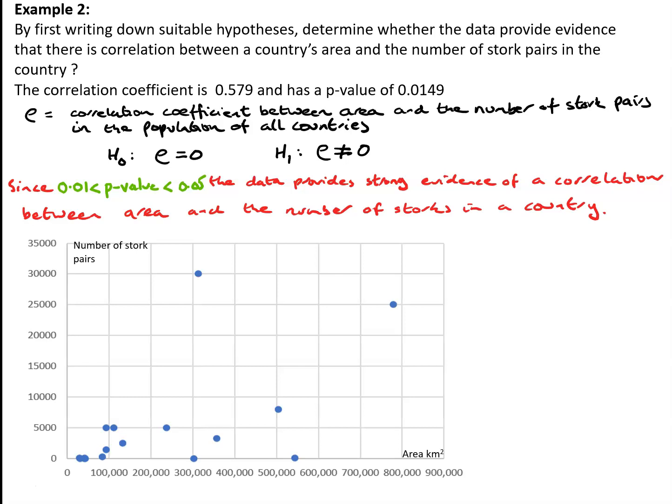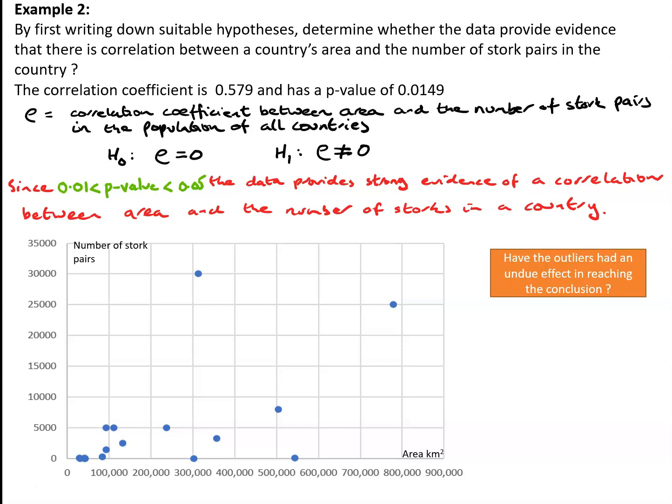Looking at the scatter diagram for the areas of the different countries in the sample and the number of stork pairs in those countries, we obtain this graph. And this raises a couple of things for you to think about.